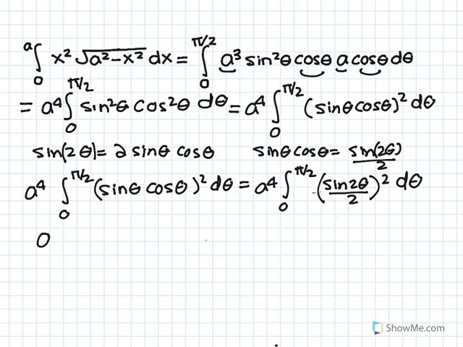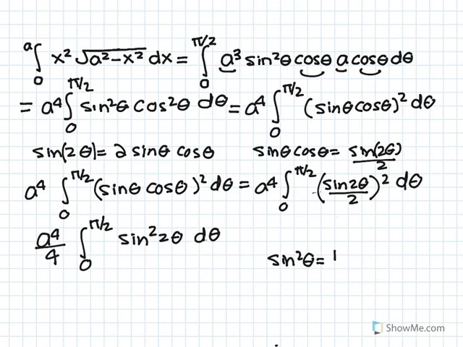So we get a to the fourth divided by 4, and simplifying the integrand, integral from 0 to pi over 2 sine squared of 2 theta d theta. Now we have to use another trig identity, sine squared theta is 1/2 times 1 minus cosine 2 theta.